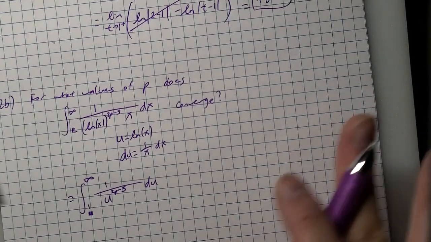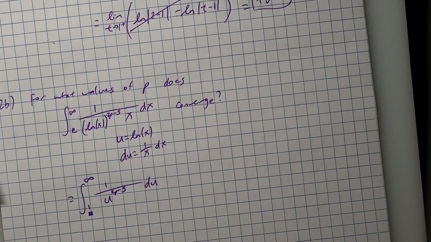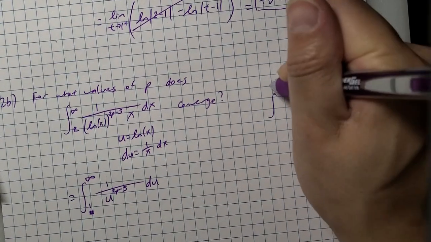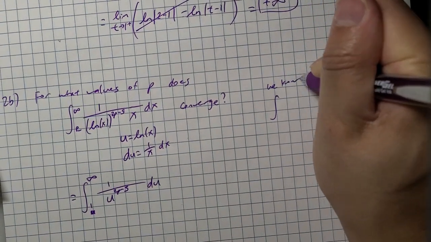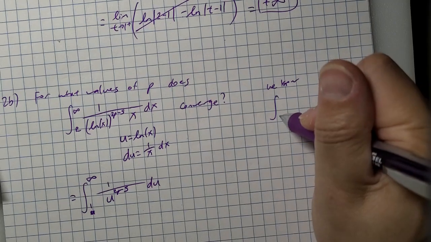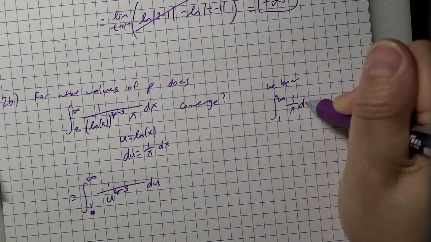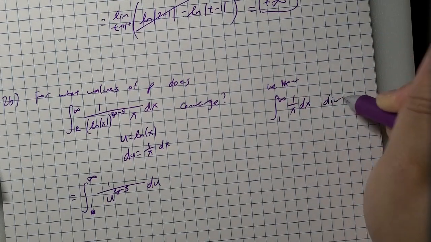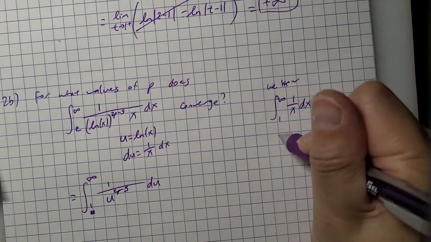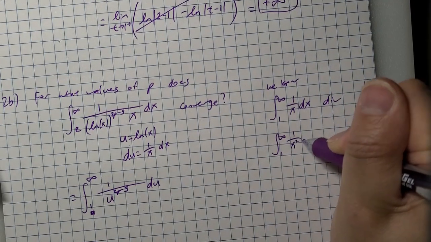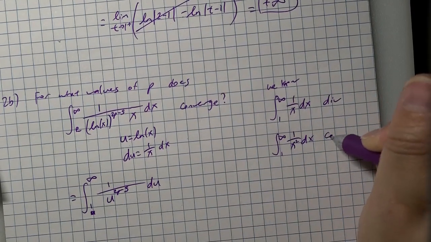Okay, so how do we proceed from here? Well, this should look familiar because we know that the integral from 1 to infinity, 1 over x dx, diverges. We also know that when you go from 1 to infinity, 1 over x squared dx, this converges.